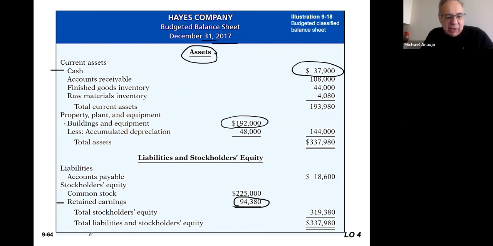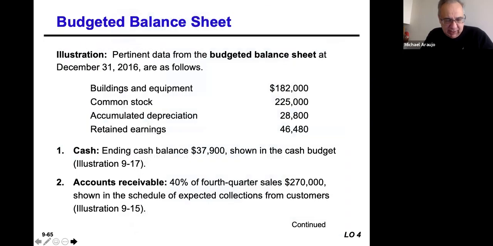Okay, so again, as long as most of this is okay, that's good. So again, pertinent information. You had cash at the end of the year of $37,900.